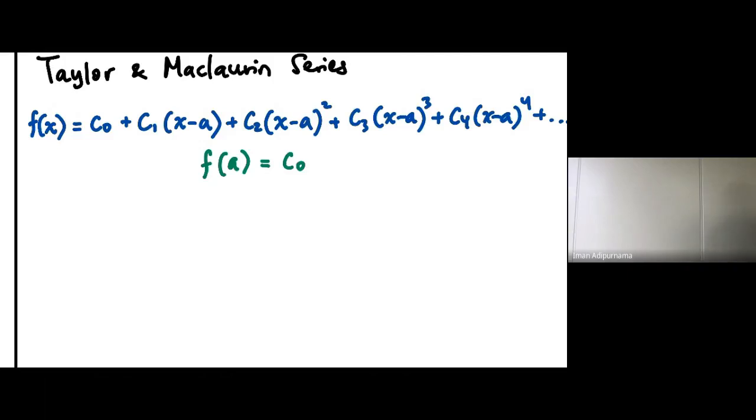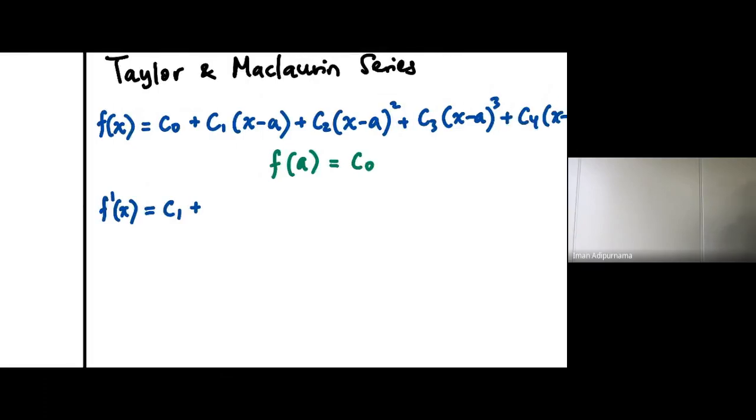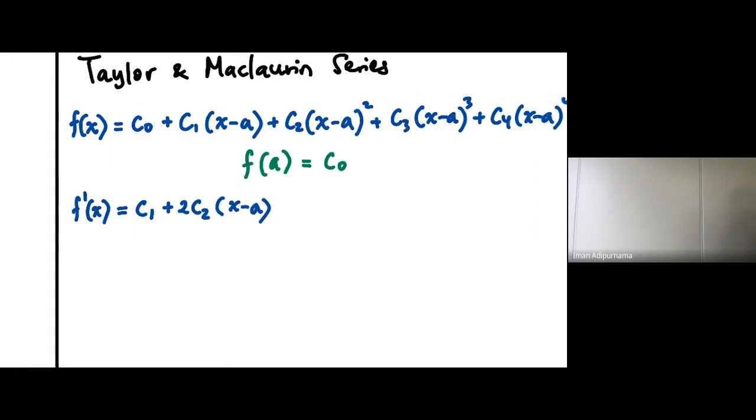The second part, let's differentiate the function. So f prime of x: C0 will be removed. We will have C1, and then plus, because it's differentiated, the next constant will be 2C2, right? And the x variable will be linear.